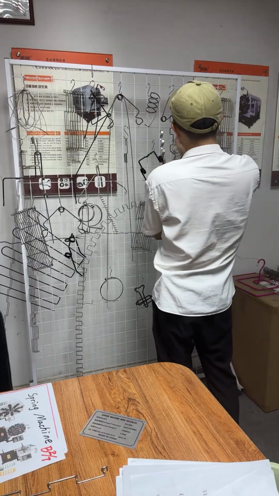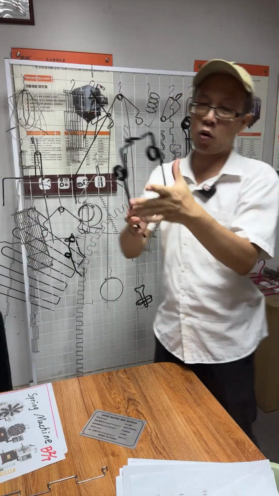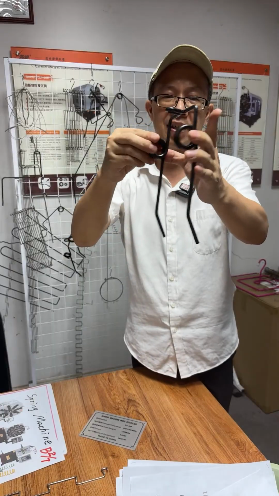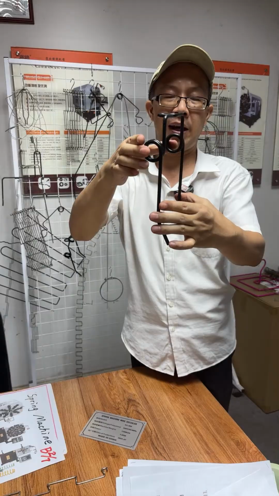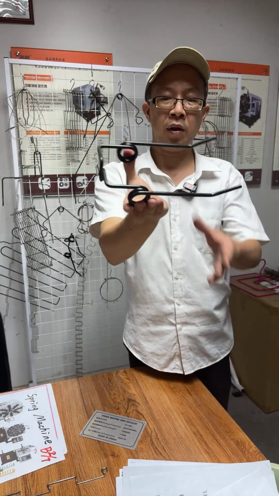Meanwhile, this showcase, this one, the torsion. This one, the leg teeth in agricultural purpose. Leg teeth for the straw baler, for the harvester.